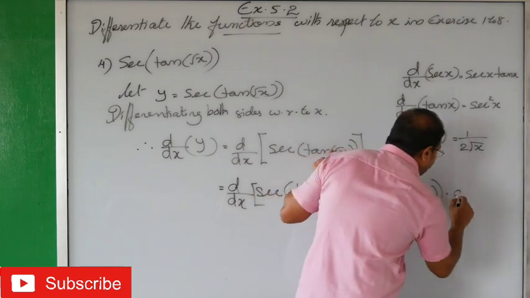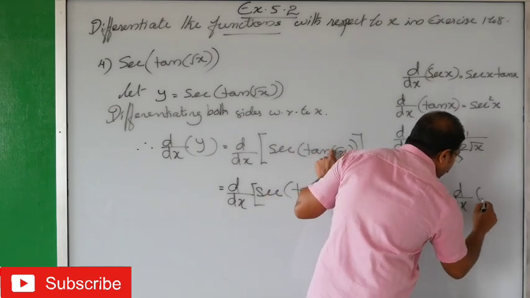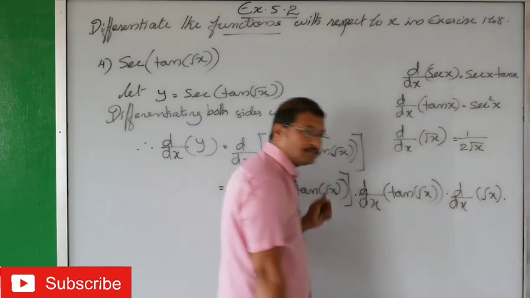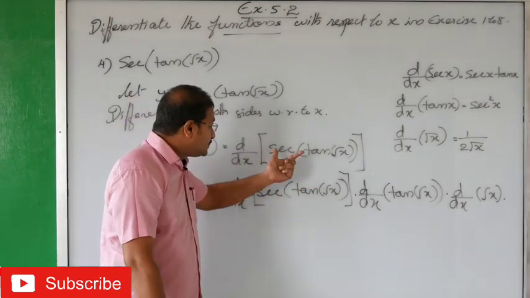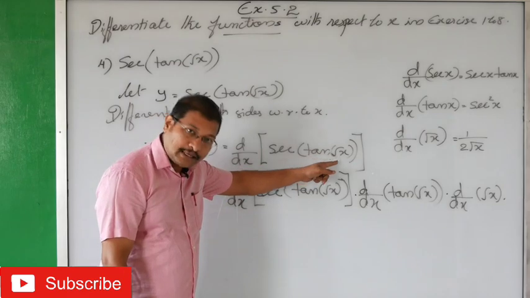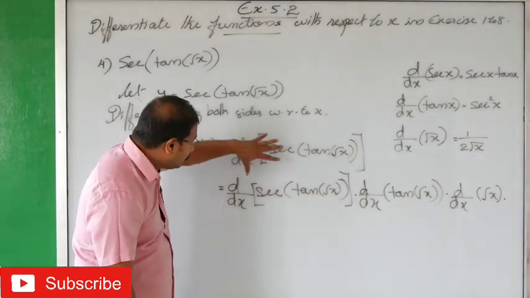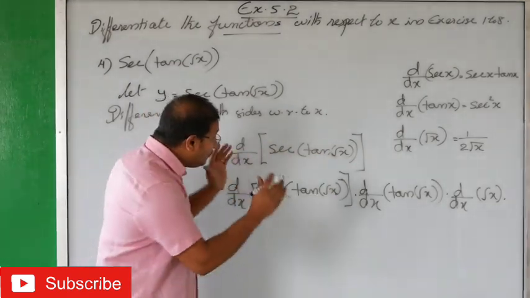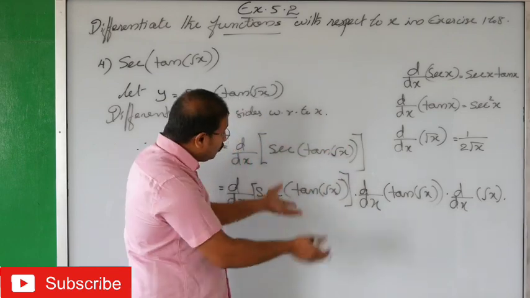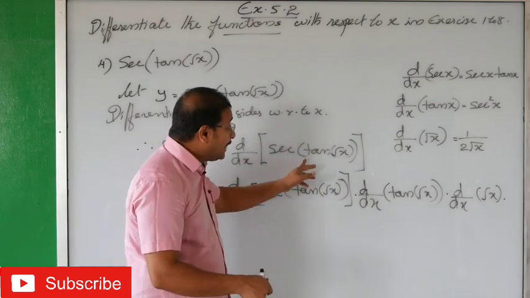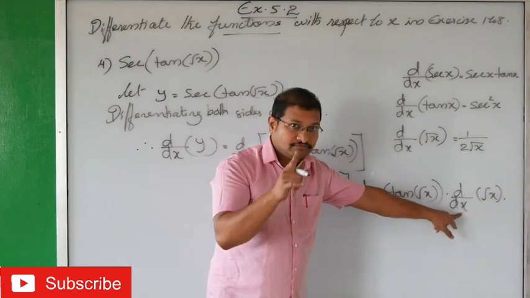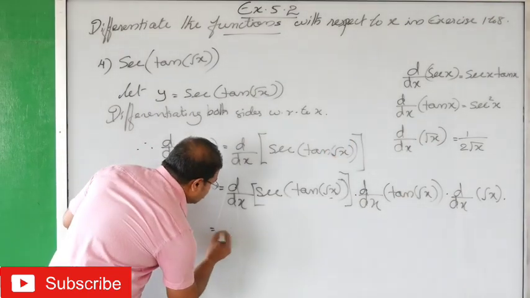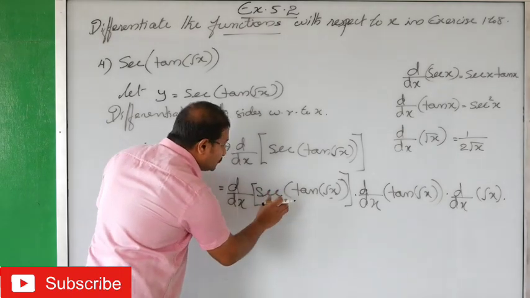So derivative of root x. See what we have done? First we are taking the derivative of sec of tan root x equals derivative of sec x. After that, in place of x, tan root x. So we will take the derivative of tan root x. After that, root x we have to take the derivative. Ready? Equals.